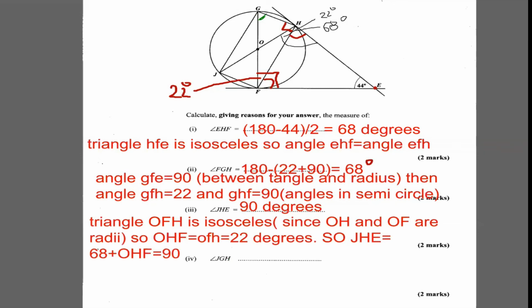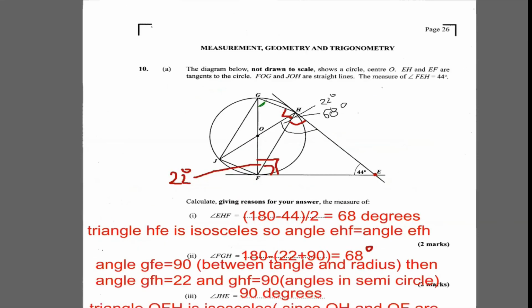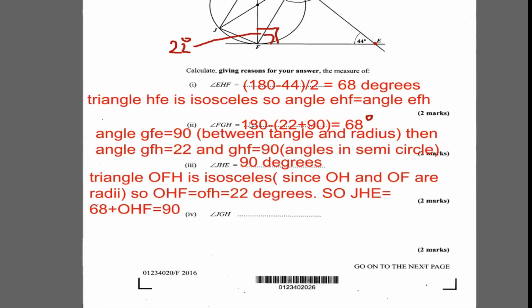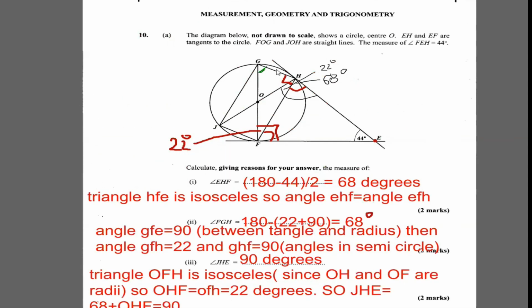That's that. Finally, they want angle JGH. JGH. Oh God, man, angles in a semicircle is 90. They just ask some easy question here. This clearly is 90. Angle JGH is 90, clearly.